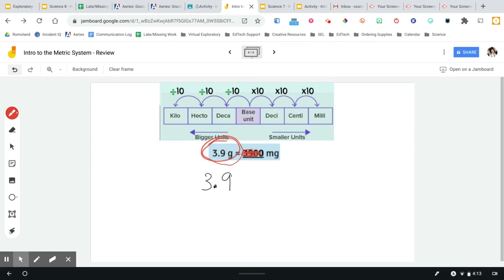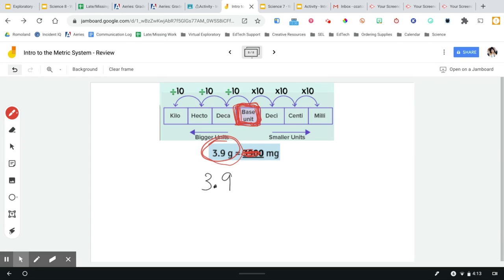So here is grams. Grams is a base unit. Remember that your base units are either grams, meter, or liter. Anything with a prefix is not going to be here at the base unit. But I know that I am starting off with the base unit gram.